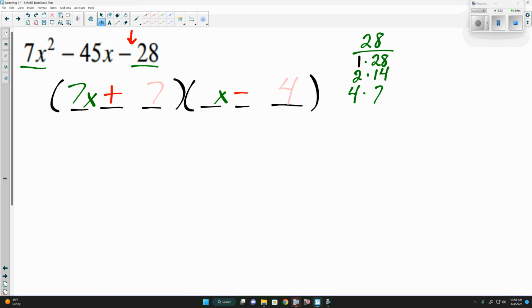Why can I not set it up this way here? Right, 7x plus 7 has a greatest common factor, yes? Well, if a greatest common factor shows up in one of the parentheses, it means the original one had to have a greatest common factor as well, yes?